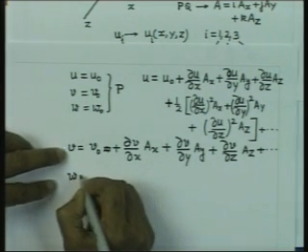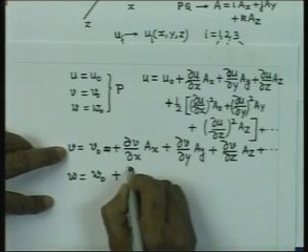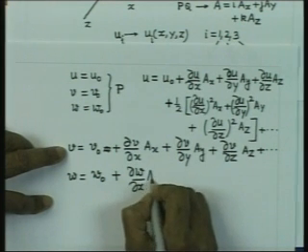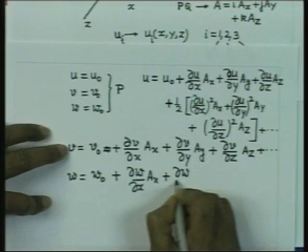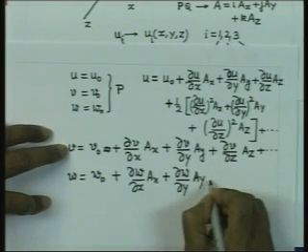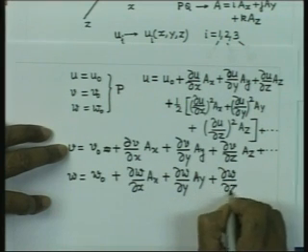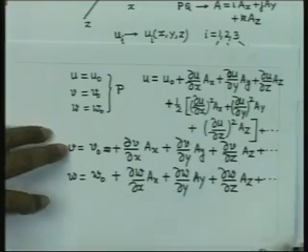Similarly, w can be written as w0 plus delta w delta x Ax plus delta w delta y Ay plus delta w delta z Az plus the higher order terms.